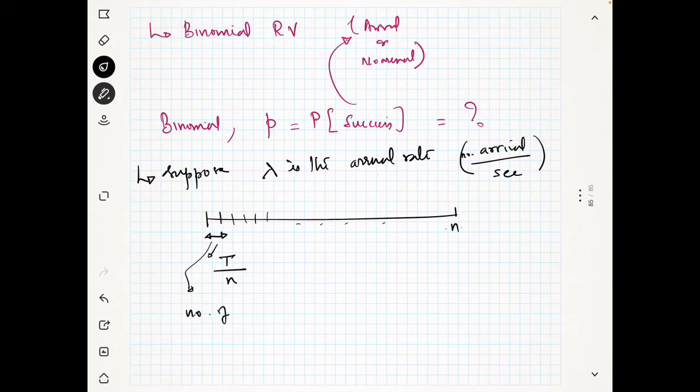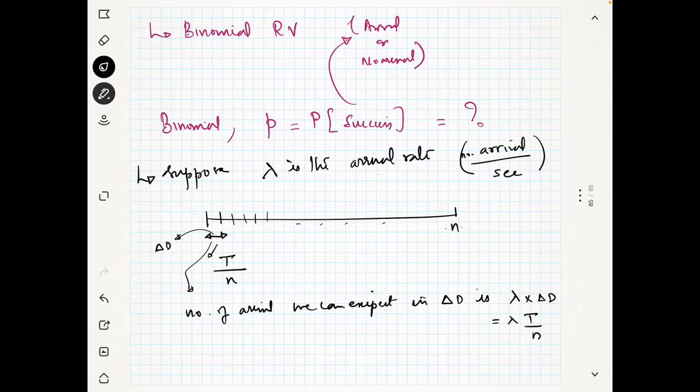The number of arrivals we can expect in it is the number of arrivals in 1 second into that duration, which is equal to lambda into t by n.